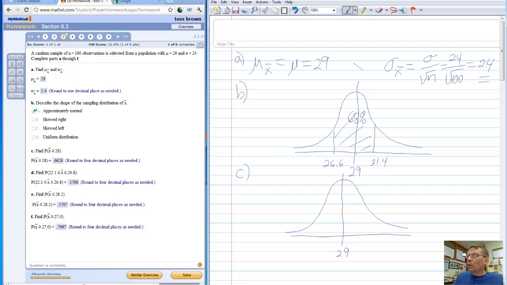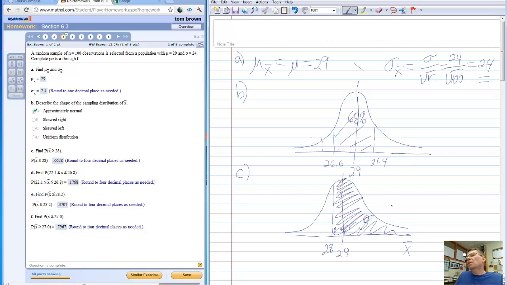What I want to do here is see if I can shade the region under the sampling distribution for x bar that I've drawn. Just right there. I'm looking for how much area is in the shaded region here.